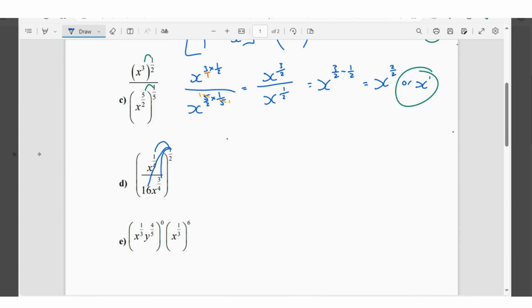So let's go. On the top we have x to the 1 over 4 times 1 over 2, and on the bottom we'll have 16 to the half times x to the 3/4 times 1/2. Let's see what we get. We get x to the 1 over 8. So 1 times 1 is 1, 4 times 2 is 8, over 16 to the half.